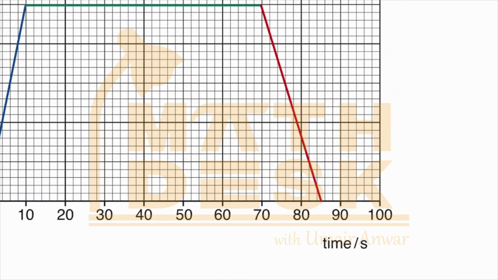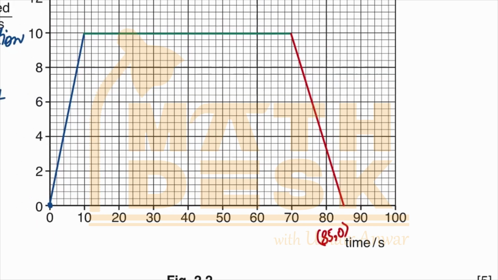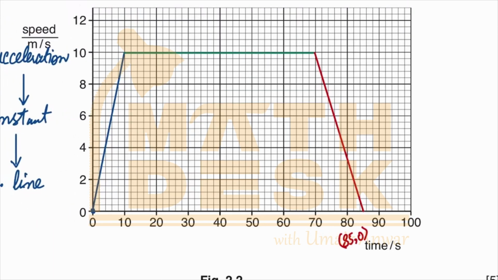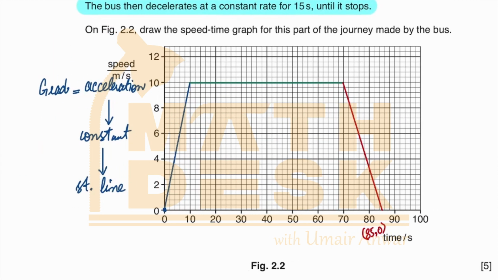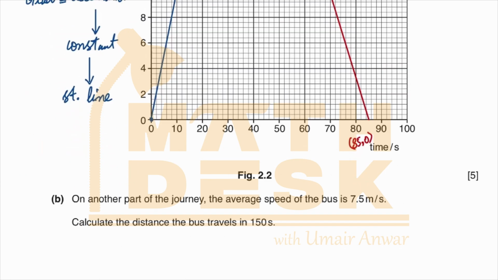So this is the point 85, 0, when the speed has become 0 and the bus has stopped. So this is region 1, this is region 2, and this is region 3, and it is plotted according to the given information.